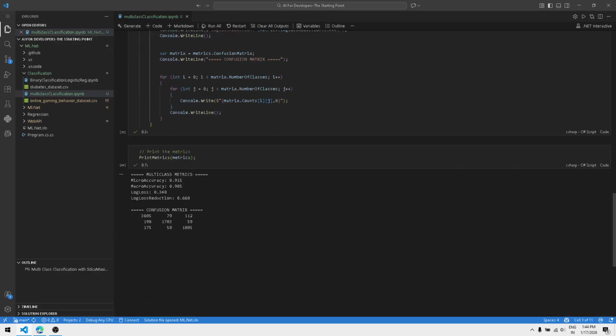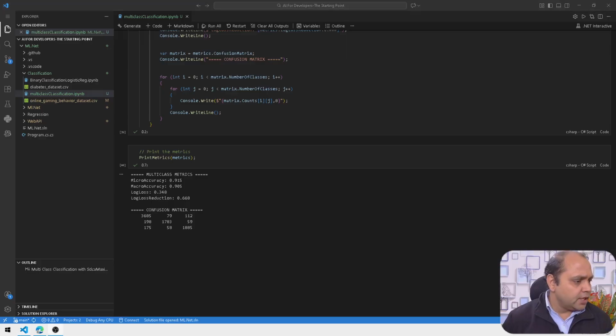Cross entropy is again one important metric you need to understand. It is about probability. Multi-class classification gives you the probability of classes, whether the output belongs to class A, class B, or class C, and the level of probability.